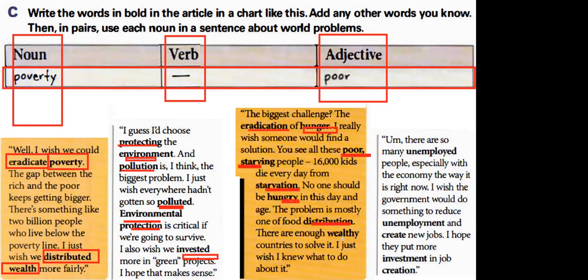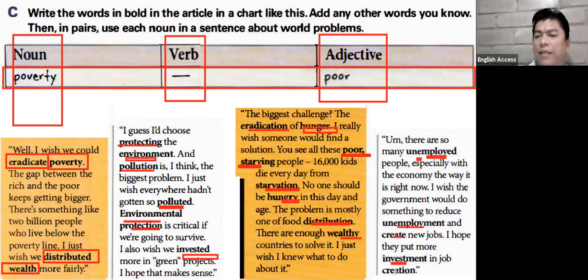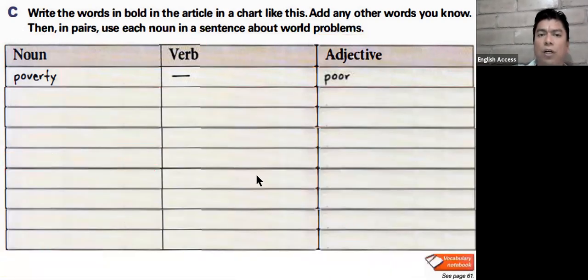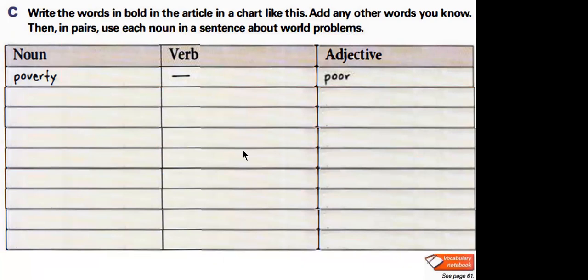You're going to find a place for these words in your chart, whether it's a noun, a verb, or an adjective. And when you find the position, then you write the form of that word in the other categories, okay? So you have to complete the full chart, in your notebooks.